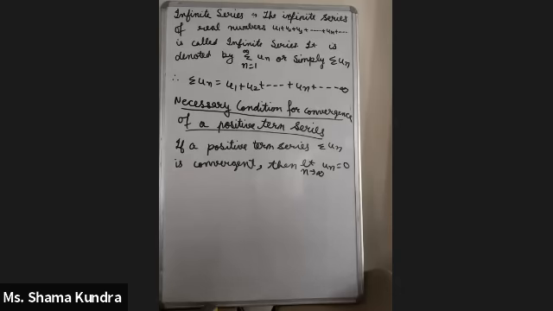If limit n tends to infinity un equals infinity, then the series is divergent. If the limit is not unique but finite, say the value of the limit comes out to be 1 or -1, meaning it has more than one value, then it is called an oscillating series.